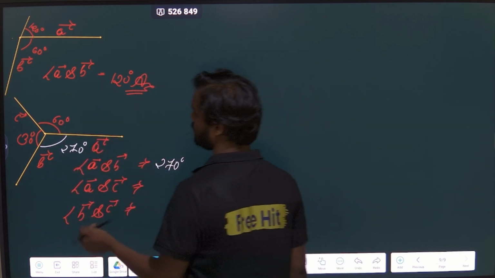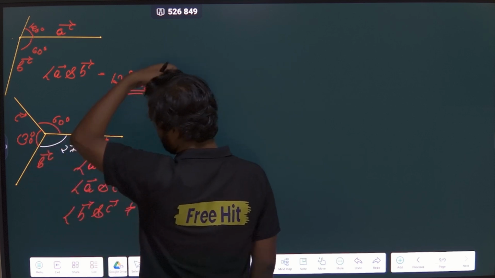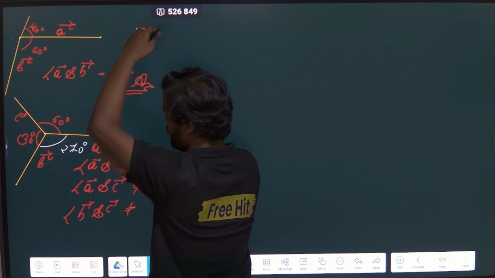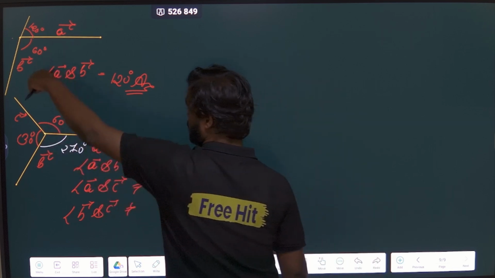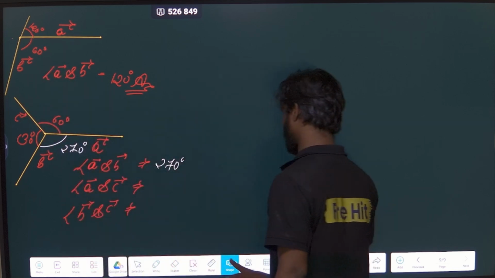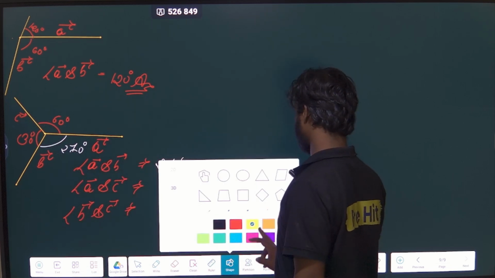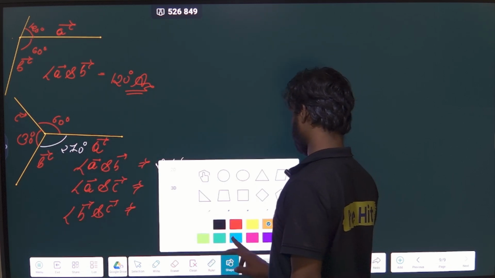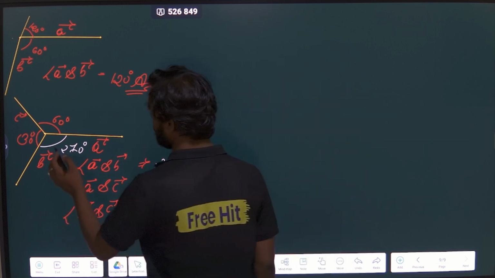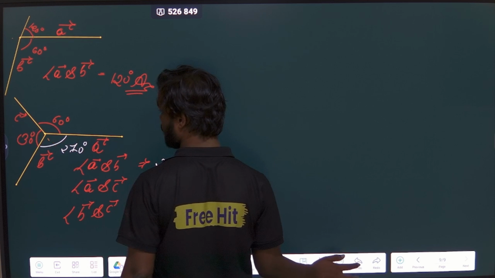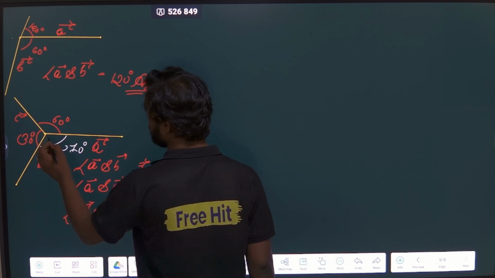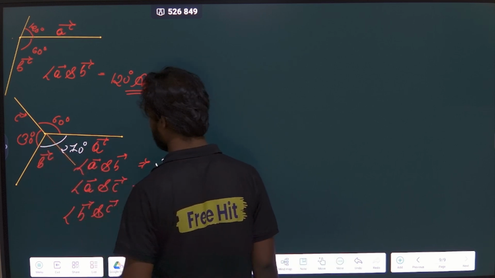Now A and C, you have to see vector A and vector C. These are the two vectors, but they are not joined head to head. We have to extend it. See, this arrow is going like this and this arrow is going like this. So they are not joined head to head. So we have to extend the vector. So let us extend it. If we extend, it will be like this.